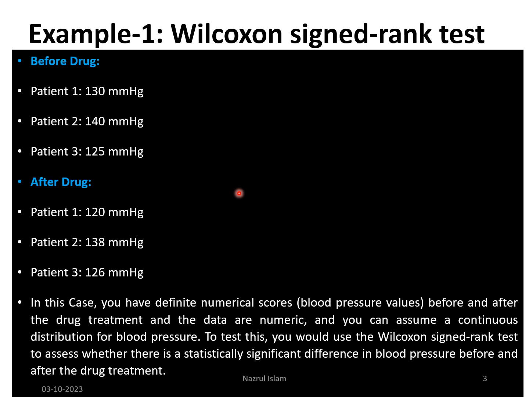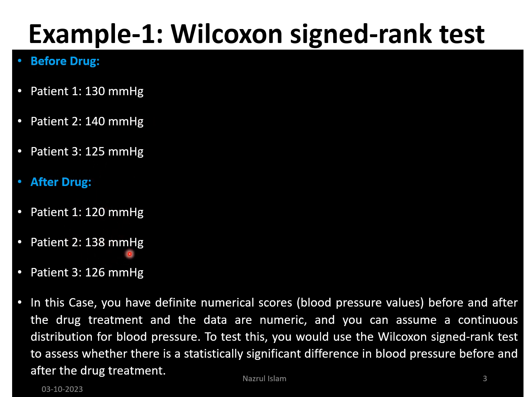For example, the Wilcoxon signed rank test. Suppose we have data before using any drug on a particular patient and after the use of the drug. There are three patients that have been given a new drug, and the blood pressure results in millimeters of mercury are obtained.